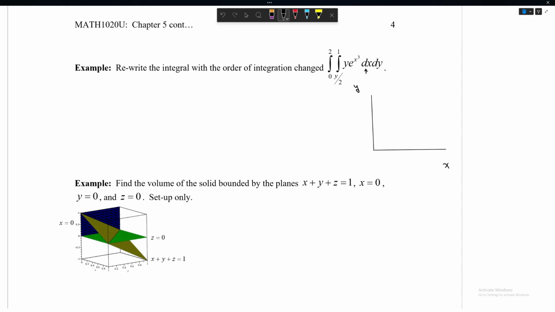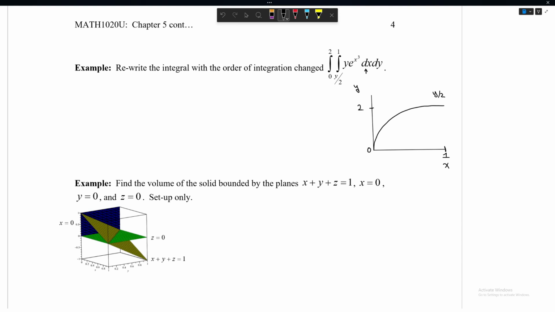I don't know what this function looks like, so this is just a guess. The whole point of this is to visualize. So I know I'm going from this function to my 1, because dx comes first, and I know my dy goes from 0 to somewhere along 2.